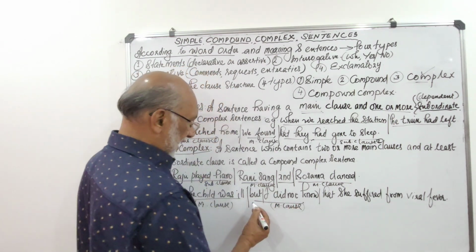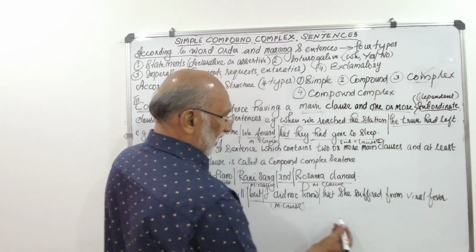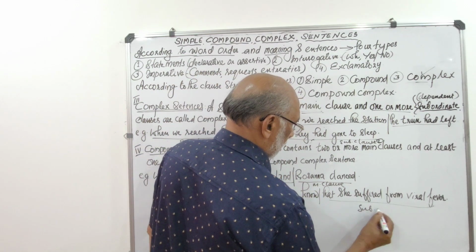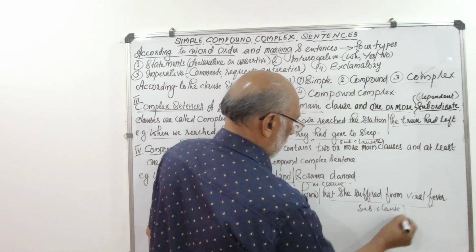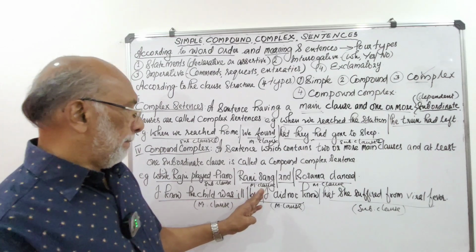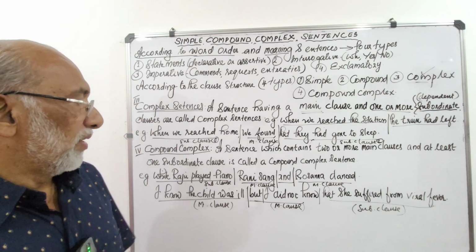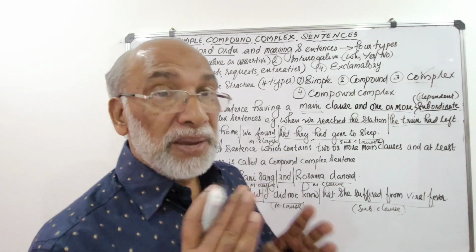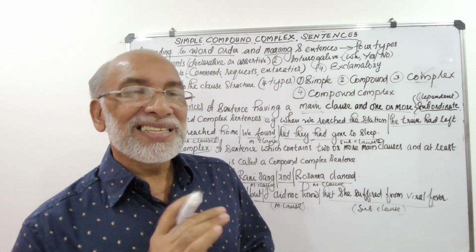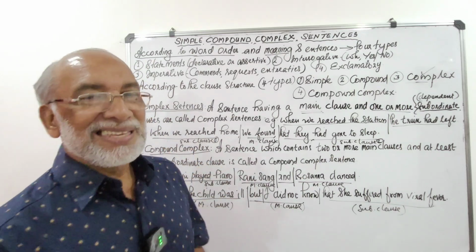And the conjunction that is here. That she suffered from viral fever is a subordinate clause. So, I know the child was ill, but I didn't know that she suffered from viral fever. Here also we have two main clauses and one subordinate clause. This type of sentence is called a compound complex sentence.